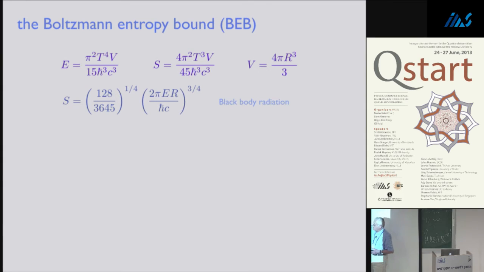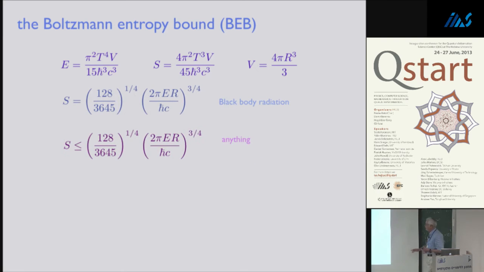If you remember, the universal entropy bound has 1 power of this. This has a 3/4 power. So this is the formula for black hole radiation. And the Boltzmann entropy bound says that for anything you should have an inequality like this. Same formula, right? So that's the Boltzmann entropy bound.